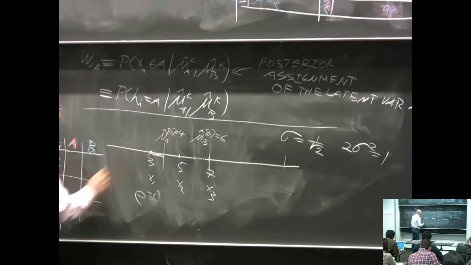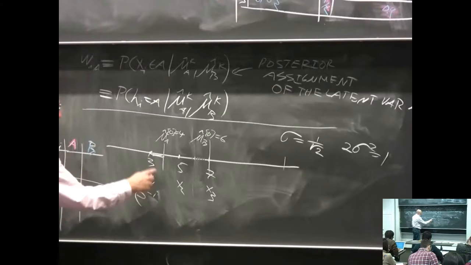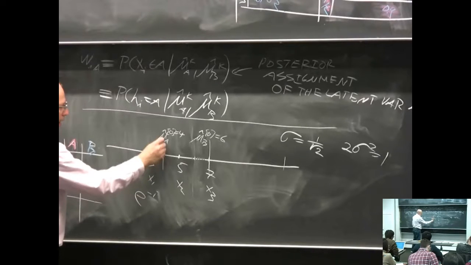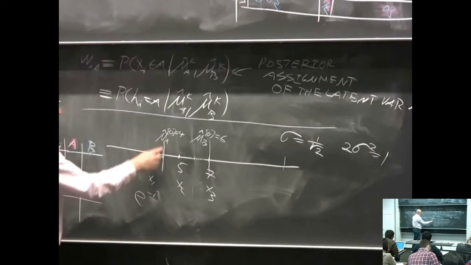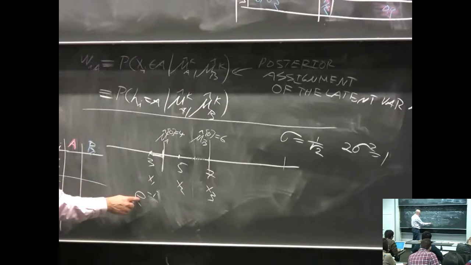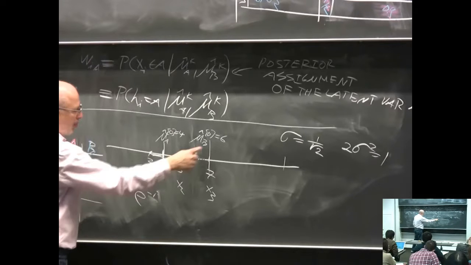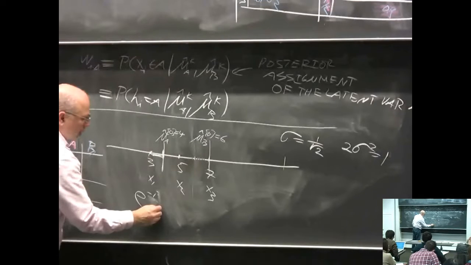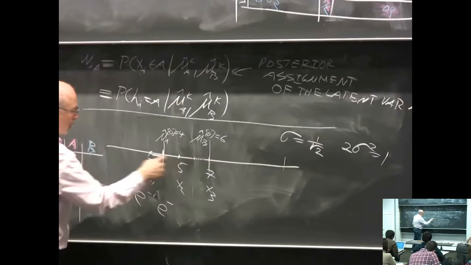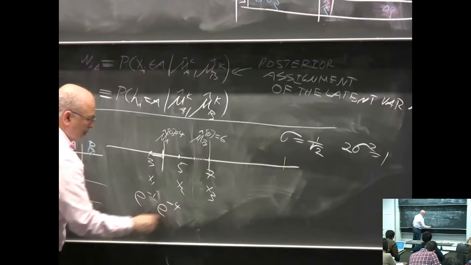Here it's e to the negative 1, whereas how likely is 3 to be generated from A? Well, it's proportionate to e to the negative 1. How likely is it to be generated from B, which is 7, is proportionate to e to the negative, 7 to 3 is 4, negative 4.